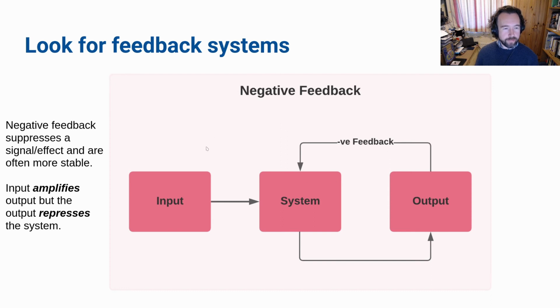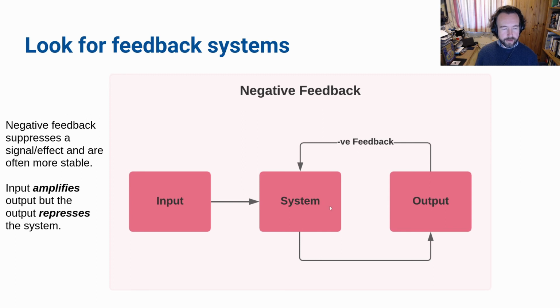So negative feedback is where an input to a system produces an output, but that output actually reduces the activity of the system and makes less output. So something comes in, the system produces an output, but the output naturally damps down the system itself. These are quite stable.